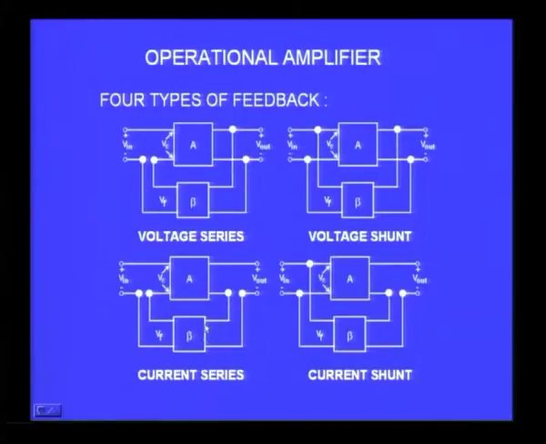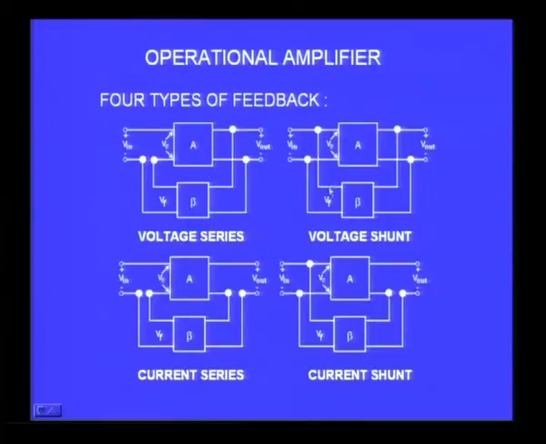So, this series current generates a voltage, and that voltage is fed back at the input. So, this is called current sensed and given as a voltage in series, and in the other one you sense again the current and give it in parallel, therefore in shunt. So, current shunt feedback.